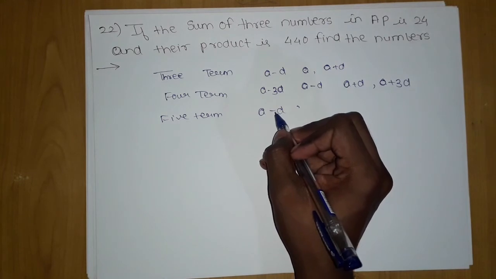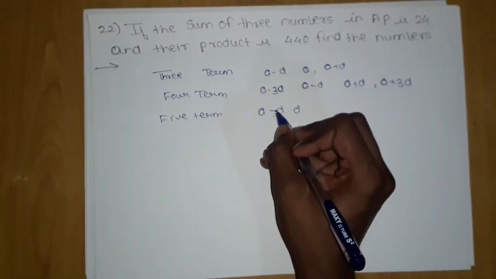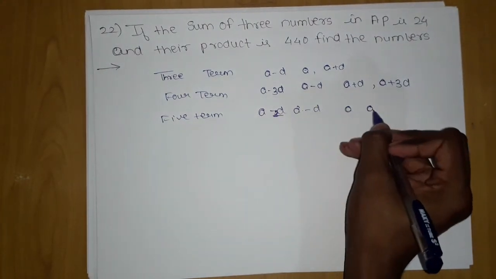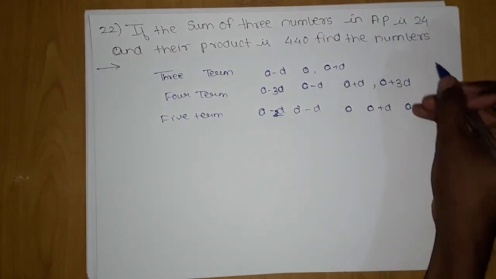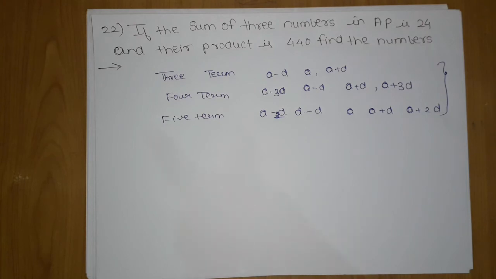So a minus 2d, a minus d, a, a plus d, a plus 2d. You don't need to memorize this, you just need to understand that the difference in odd terms will be d, while the difference in even terms will be 2d.